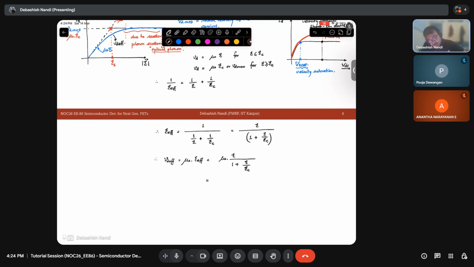Let's say mu 0 is VD max divided by EC, times E by 1 plus E by EC. So I can write VD effective is equal to VD max times E by EC divided by 1 plus E by EC.